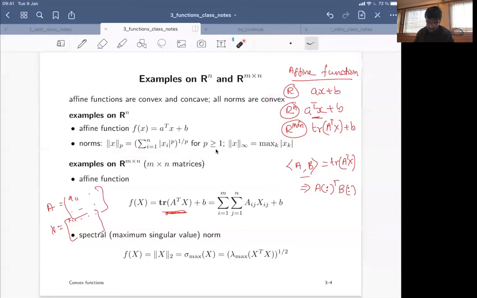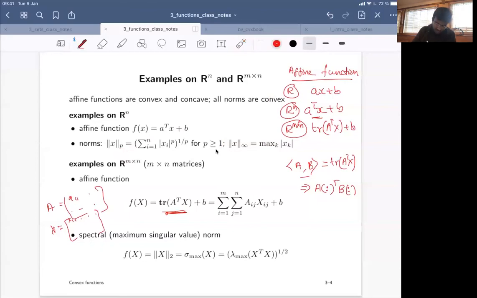So you know how a norm is defined. So they are convex functions, and the infinity norm also falls in this category. That is also convex. Basically, you can say that Lp norm with p greater than or equal to 1 is convex.